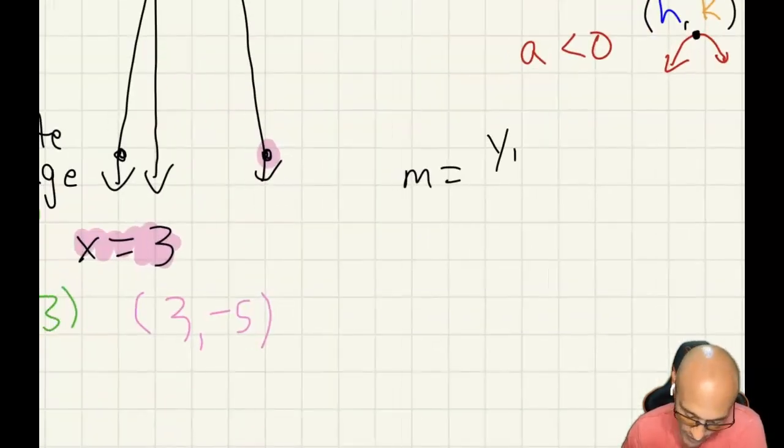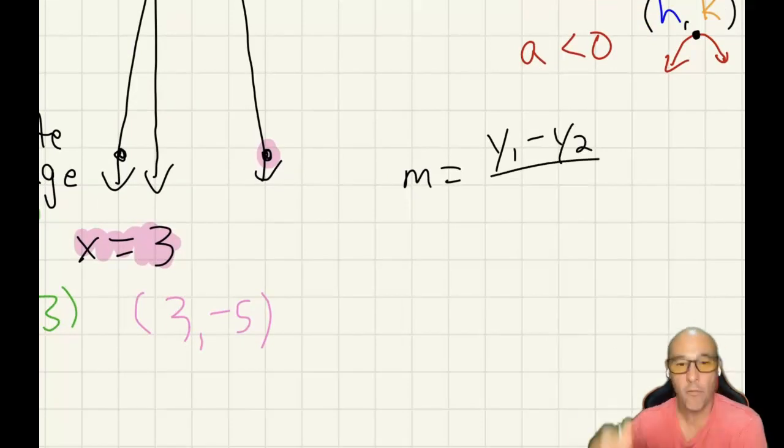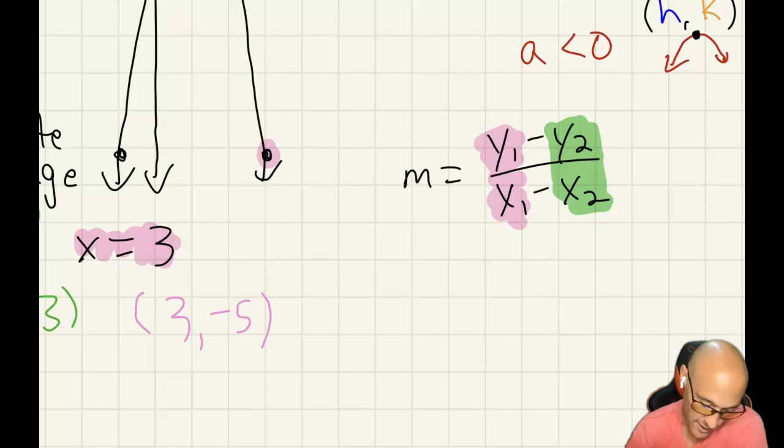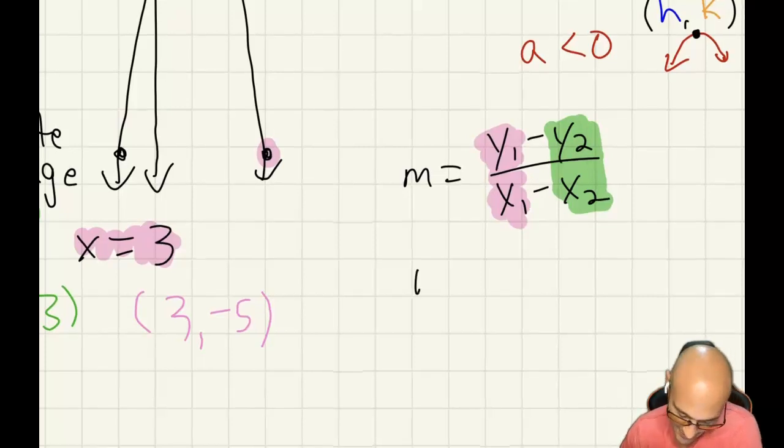It's y1 minus y2. Rise over run. x1 minus x2. This is not good. You ever have a teacher mess up this many times? Don't answer that. Yeah? All right.